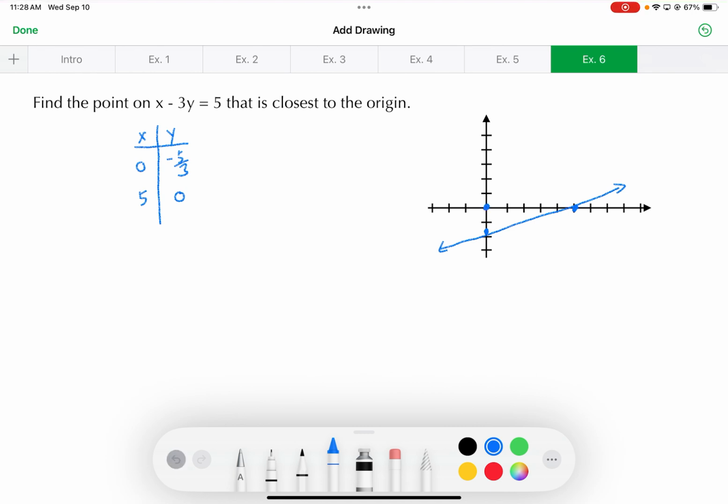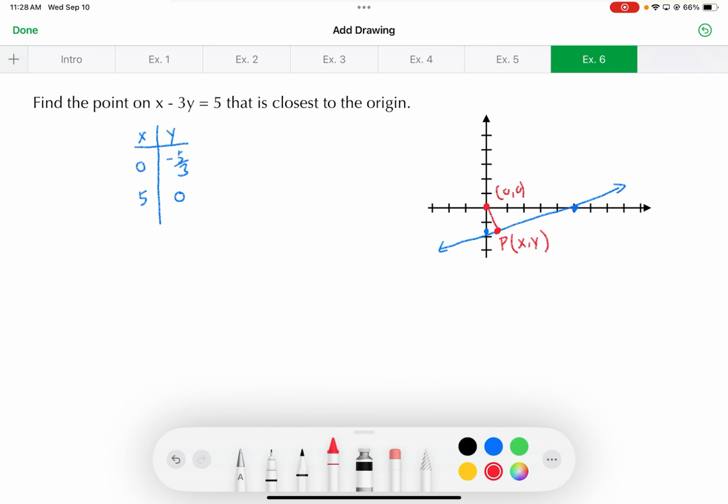So let's pick a different color. Right there's, of course, the origin, 0, 0. And then somewhere roughly over here, we've got some point on the line, which I'm just going to designate generic xy, where the distance between them would be as small as I possibly can make it, right?